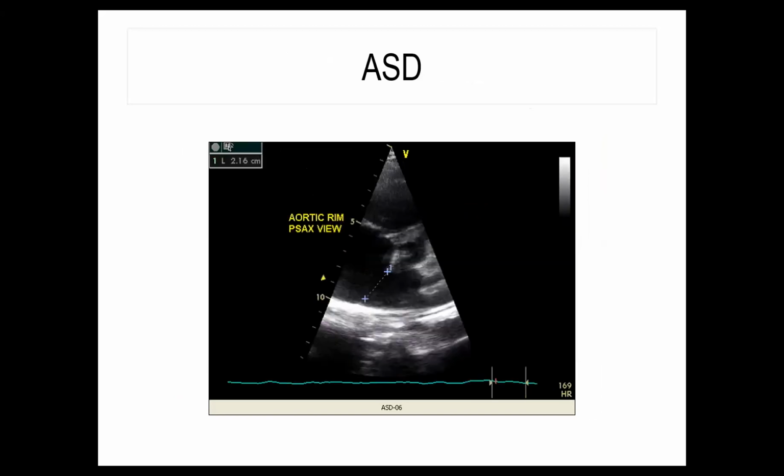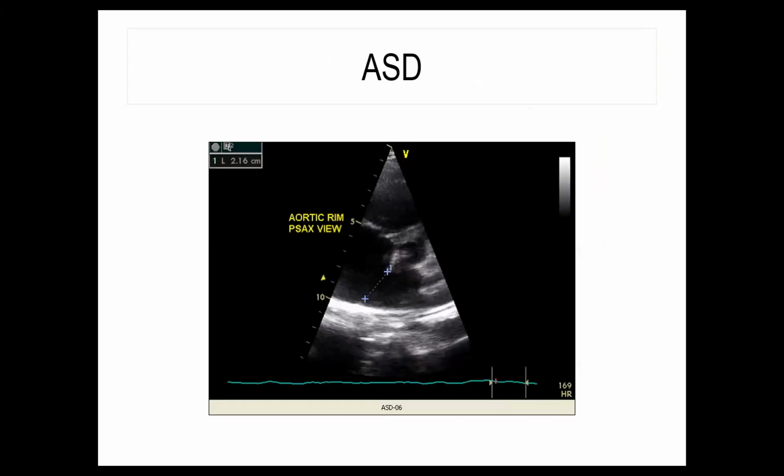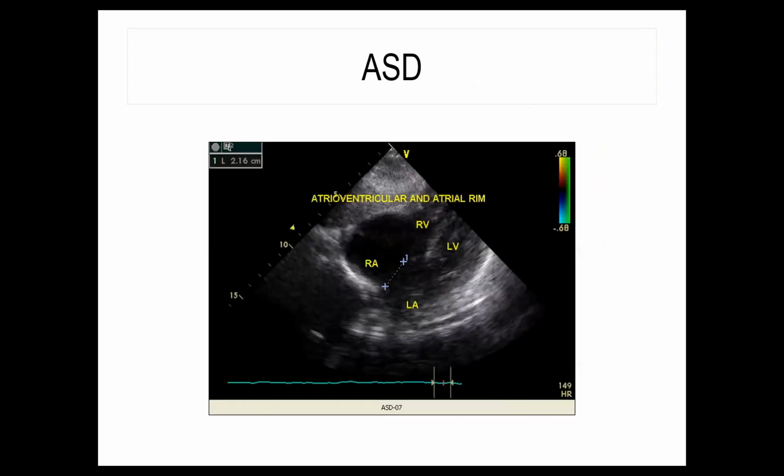And if you want to see this in transthoracic echo, just give me a second, how I can explain to you. These are two views which we try to utilize in transthoracic echo. One is atrioventricular and atrial views. This is AV, RV, LV, mitral and tricuspid valve. This is RA, this is LA. So this is where an atrial septal defect is present.